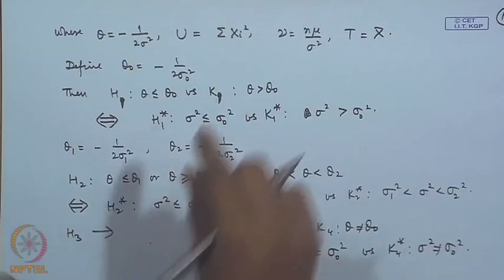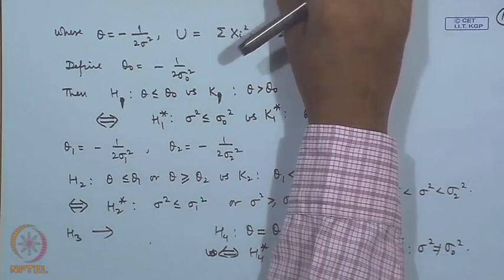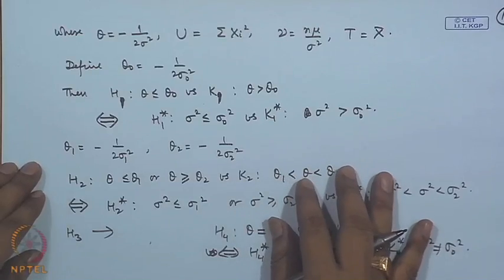Therefore, we have demonstrated here that the theory of UMP unbiased tests for multi-parameter exponential families, where we test for one parameter and other parameters are treated as constants, is applicable for a two parameter normal population when we want to test for the variance. I have put it exactly in that framework.